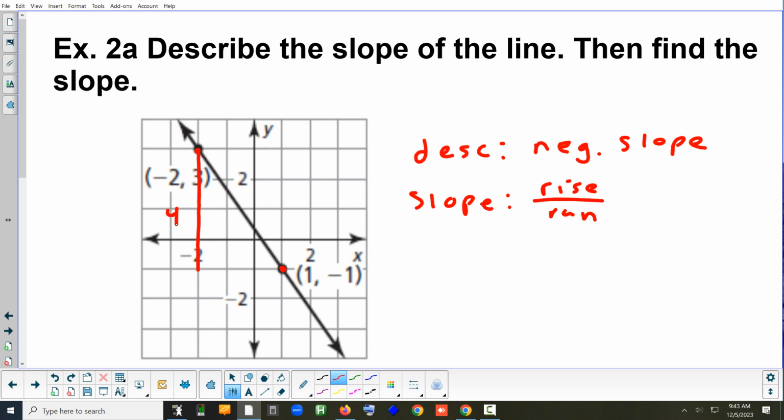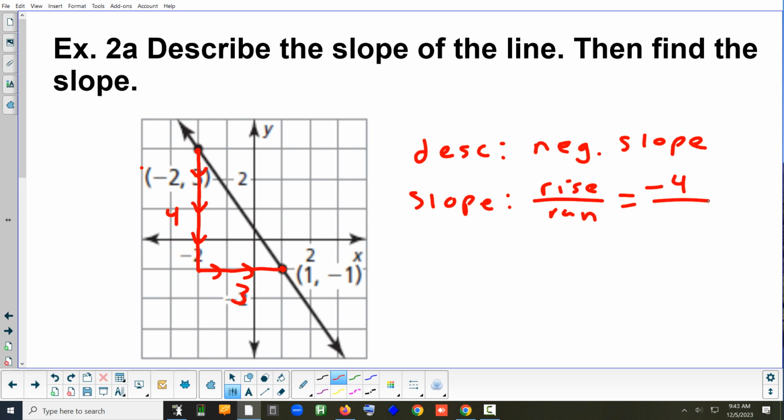And then what's my run? 3. 1, 2, 3. All right, and this is the direction that I went to do it. So this was 3. The first one had a length of 4, but I went down. So what kind of rise is that going to be? Negative 4, because you went down 4. If you look back at the other page, down is negative. So the rise is down 4.